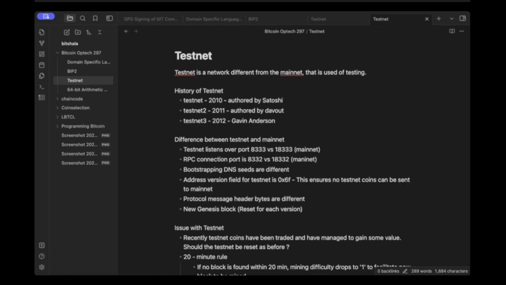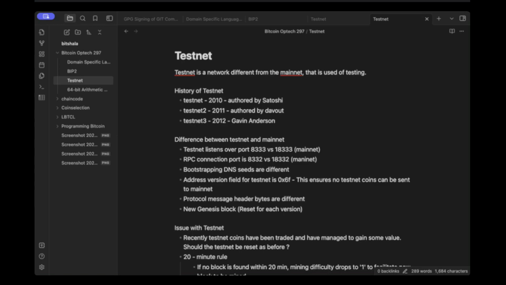Does Electrum or Blue Wallet allow testnet coins? I know Sparrow does. I have not tried it in wallets, but with Bitcoin Core, if you spin up Bitcoin Core using a hyphen testnet tag, it will spin up a testnet, and you can find faucets online.